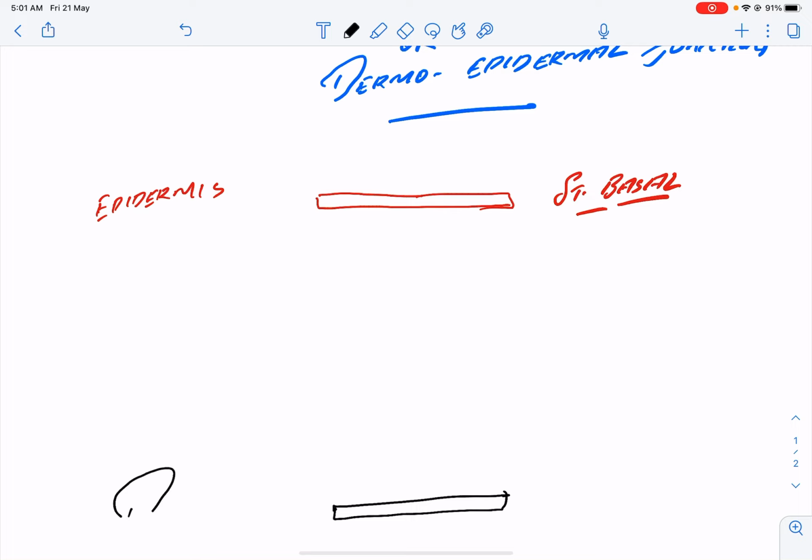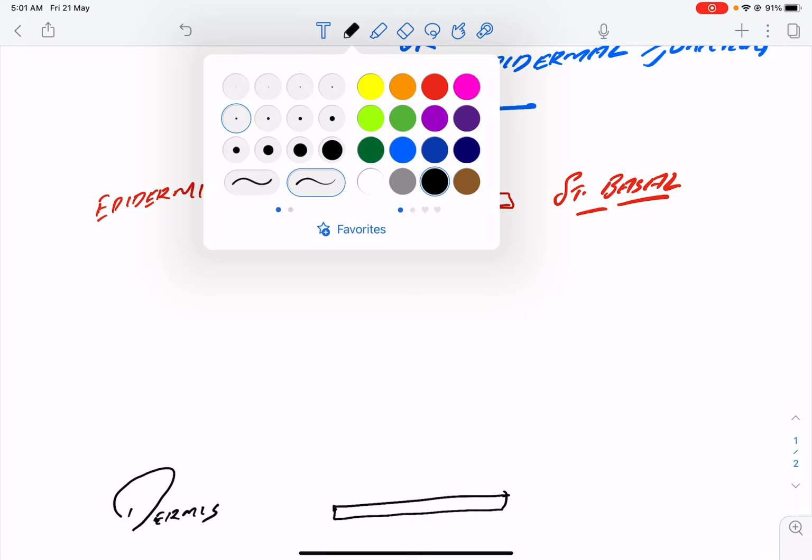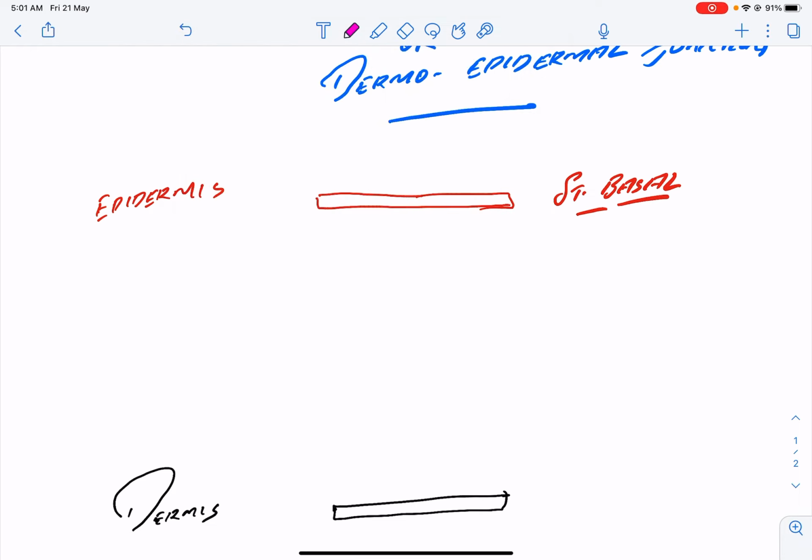What is in between all these? First of all, in the basal layer itself we have filaments: K15 as well as K14 filaments.